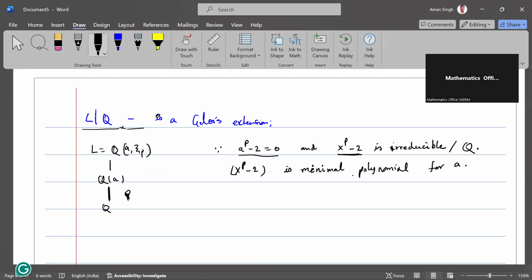Now here this can also be thought of as Q(a) with zeta p attached. Now if you see here, zeta p satisfies x power p minus 1, which is a polynomial in Q. Zeta p power p minus 1 is equal to 0.